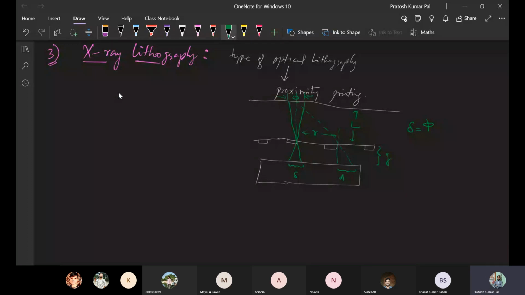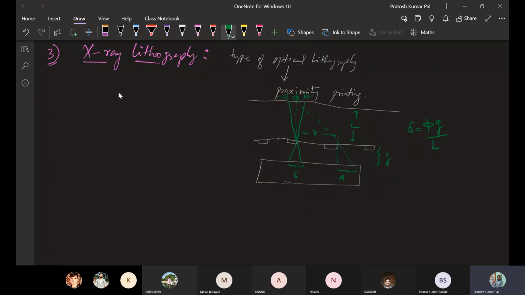Along with phi, it will depend on the distance between the mask and the semiconductor, that is g, divided by L. So this distance also defines the area that is going to be exposed by the X-ray light.